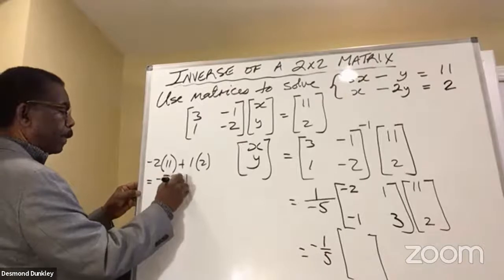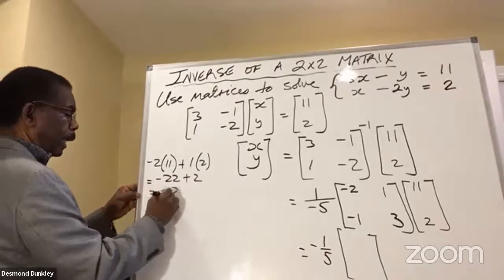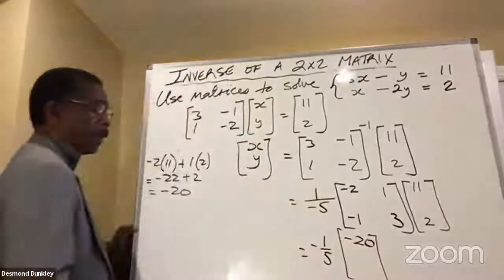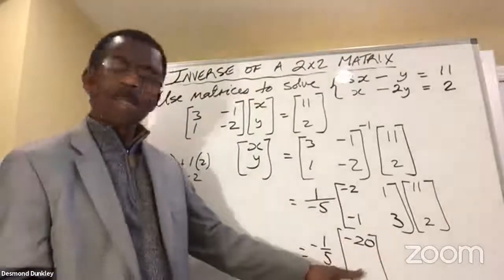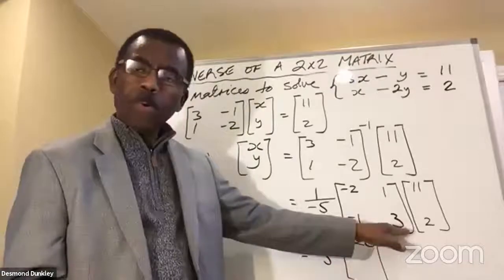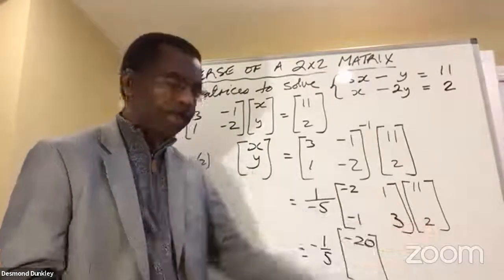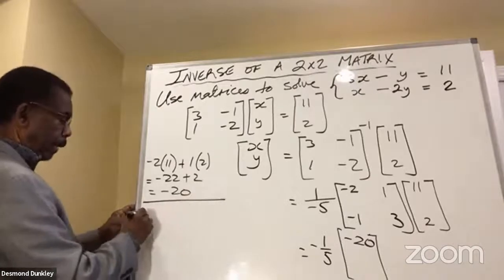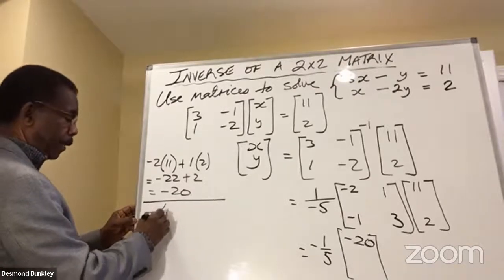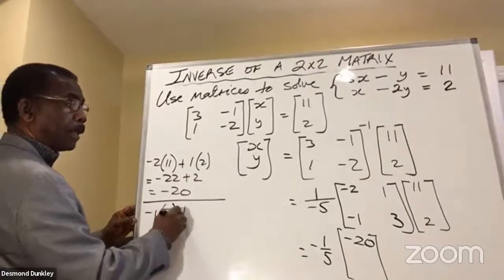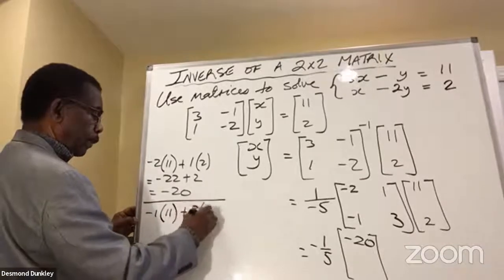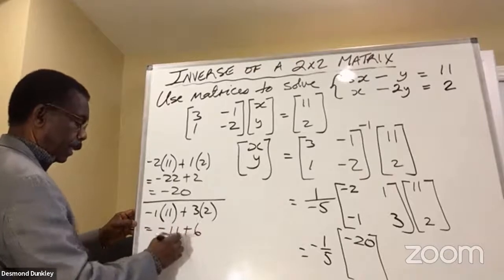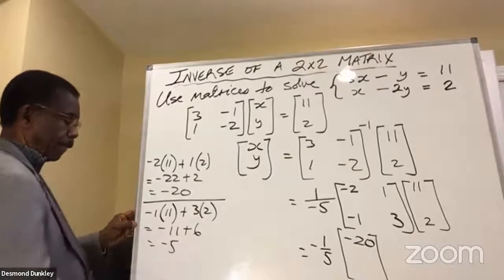Negative 22 plus 2 equals negative 20. This entry here is the second row, first column. So it's going to be negative 1 times 11 plus 3 times 2 equals negative 11 plus 6 equals negative 5.